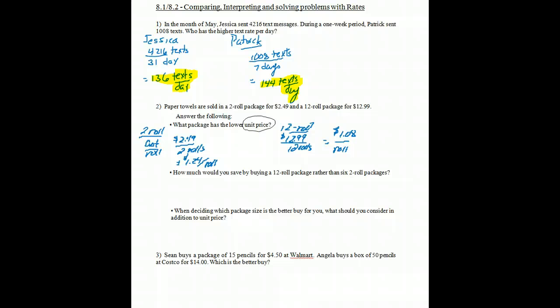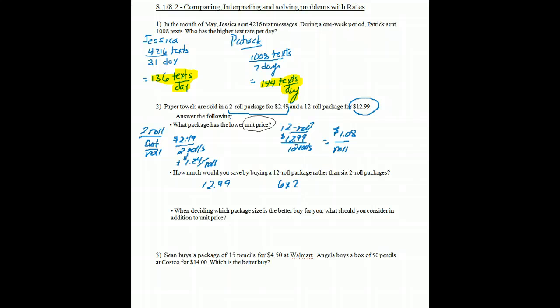How much would you save by buying a 12-pack roll rather than 6 2-pack rolls? So if you went to the store, you would have the option of buying a single 12-pack roll, and a single 12-pack roll will cost you $12.99. Or you might think, well, perhaps I'll just buy 6 2-pack rolls.